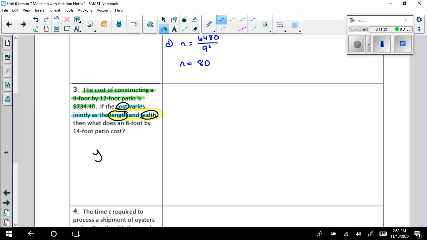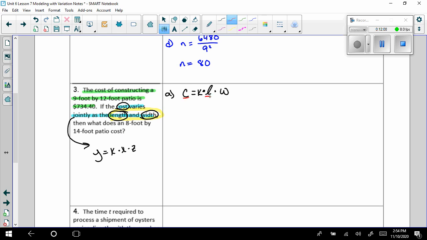So we have joint variation, which is y equals k times x times z. And in this particular case, you have the cost, which is varying to the length times the width. Okay, so we're taking our constant of proportionality times the length times the width.